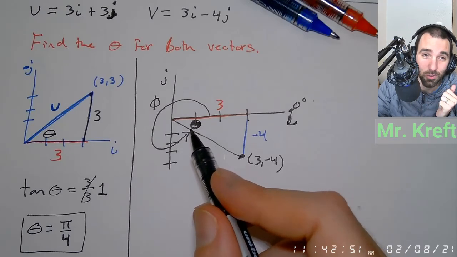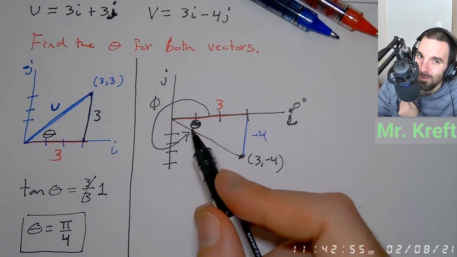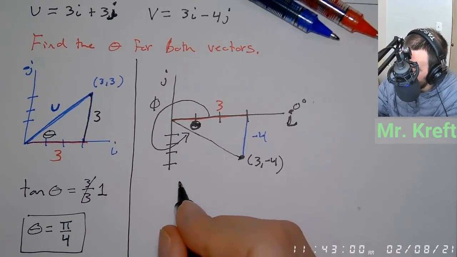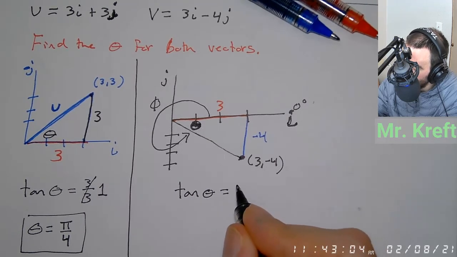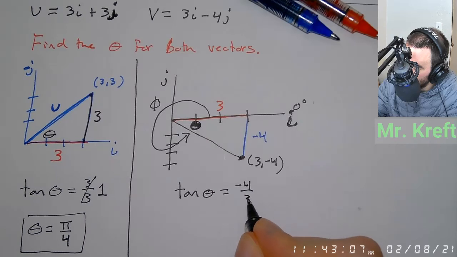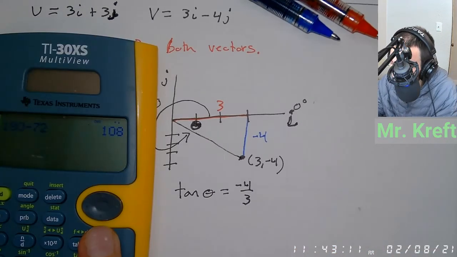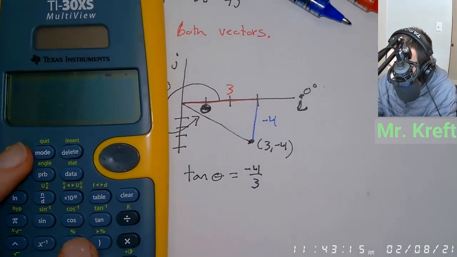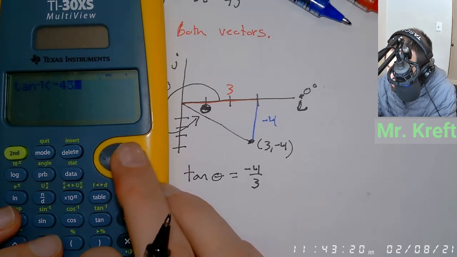Now we could just say it's a negative angle and we'd be good to go. So did you guys take that into account? If you make it negative, then your answer is correct. So this one would be tangent of theta equals sine over cosine. Now, if I did this on a calculator, this would have been a lot easier in degrees, but I'd have to go tangent inverse of -4 over 3.